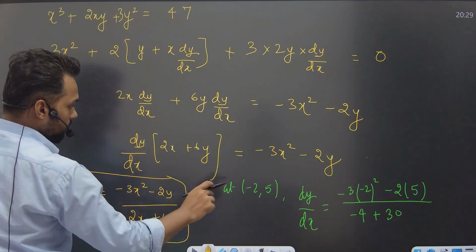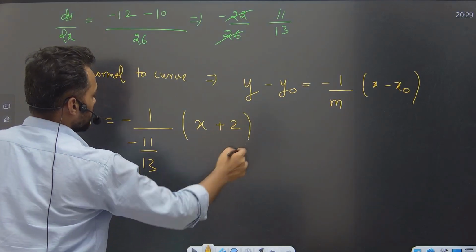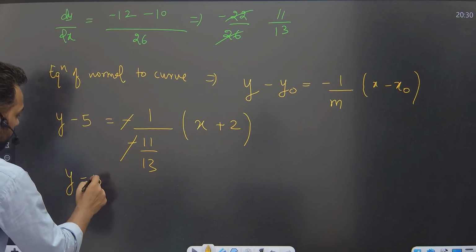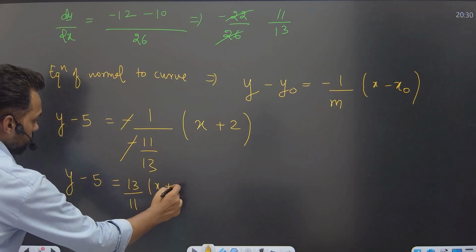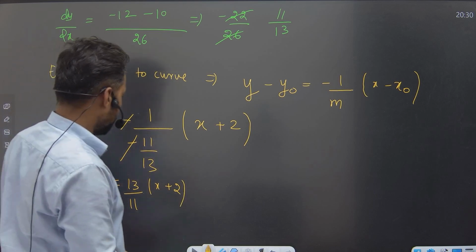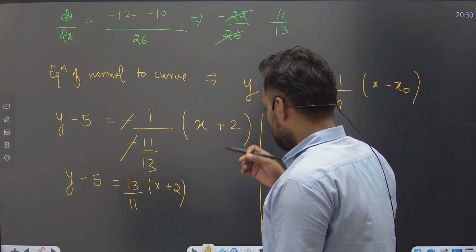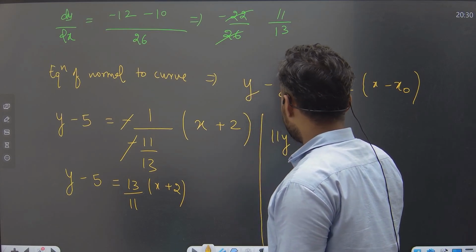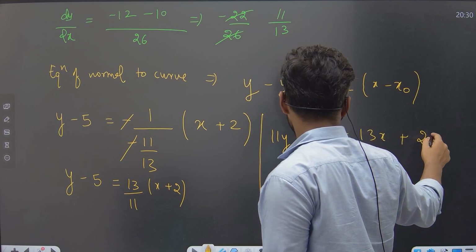So x naught here will be negative 2, so it will be positive 2, x plus 2. The negatives cancel, so we get y minus 5 equals 13 by 11 cross x plus 2. On cross multiplication we'll get 11y minus 55 equals 13x plus 26.